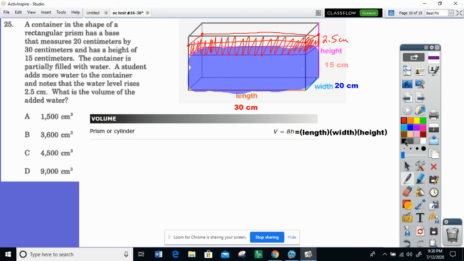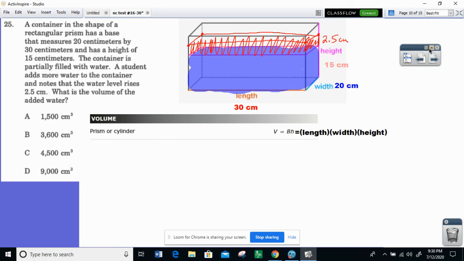Well, how do we find the volume of a rectangular prism shape that we have here, in what's labeled in red? Well, it's going to be the length times the width times the height. So the area of the base is going to be that 30 centimeters times 20 centimeters.